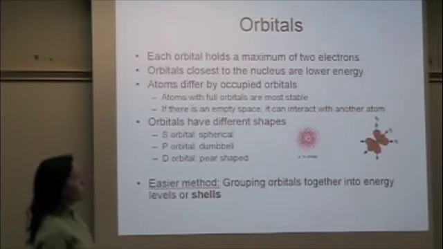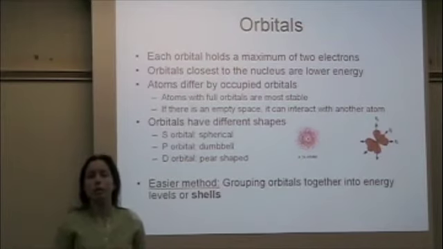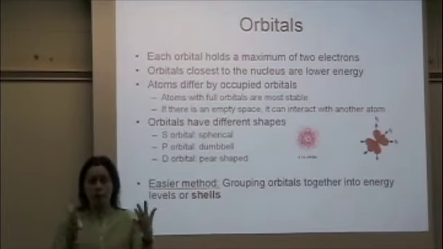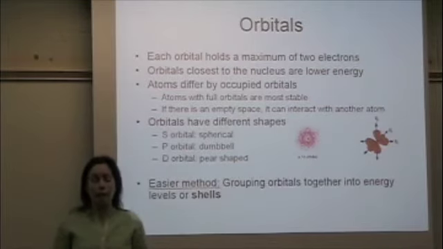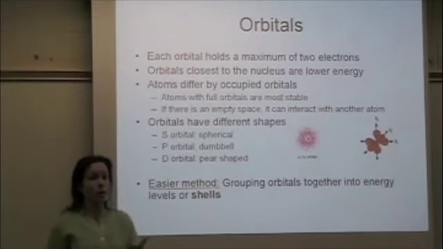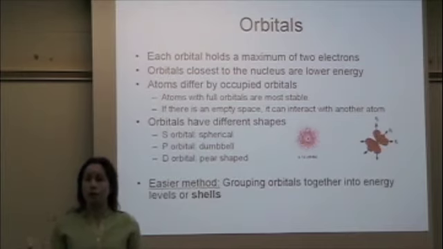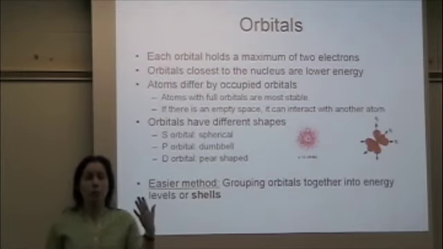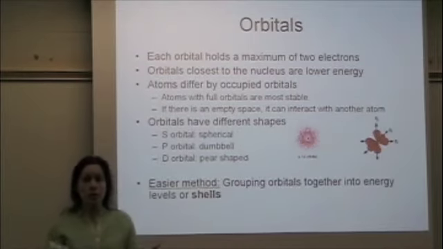Atoms differ by the number of occupied orbitals. That should make sense because each atom has a different number of protons, and the proton number is unique to that atom. Oxygen always has 8 protons, carbon always has 6 protons, and the number of protons and electrons is the same. So if oxygen has 8 protons, it also has 8 electrons, and that's different from carbon, which has 6 protons and 6 electrons.